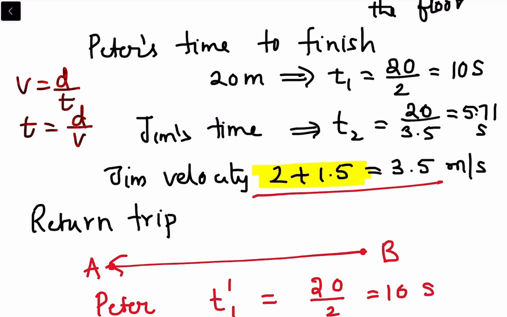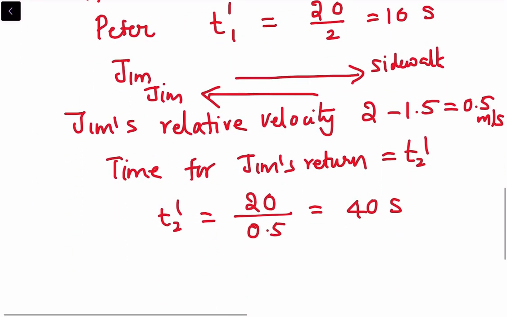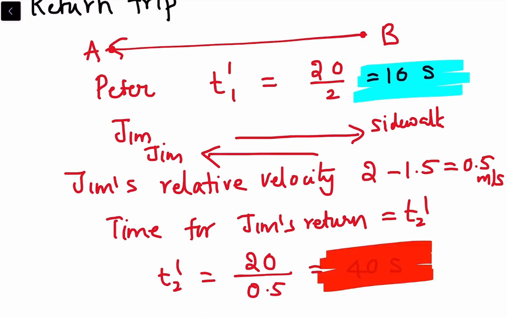This is Peter's time to go from one side to the other side, and this is Jim's time to go from one side to the other side. Then after that, you can see Peter's time to come back is the same thing, 10 seconds. But for Jim, it is 40 seconds.